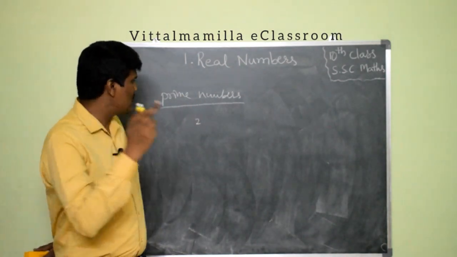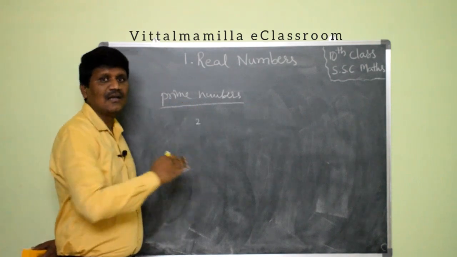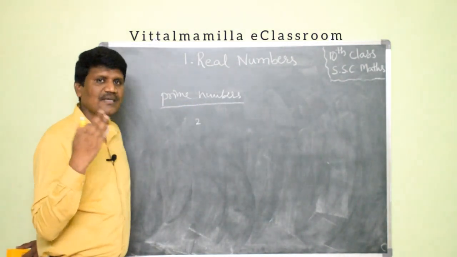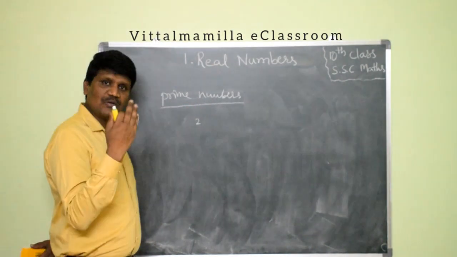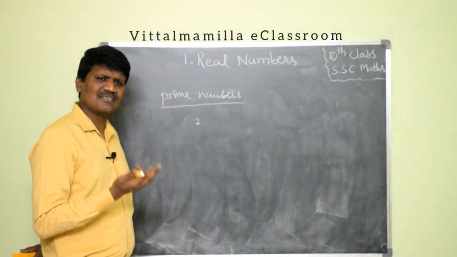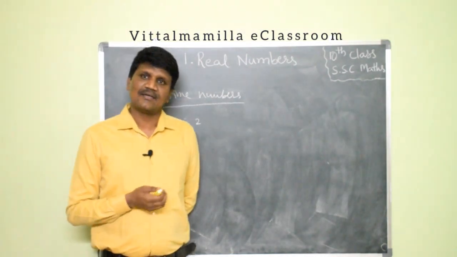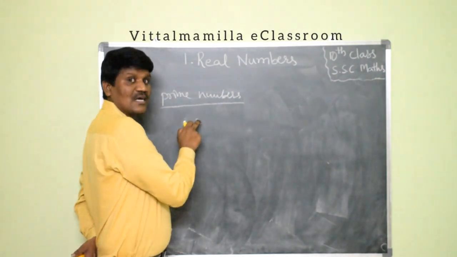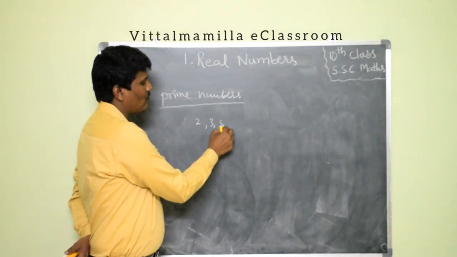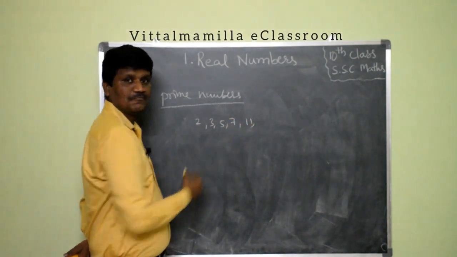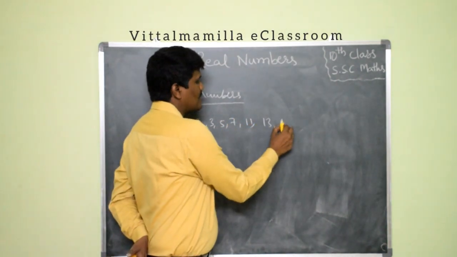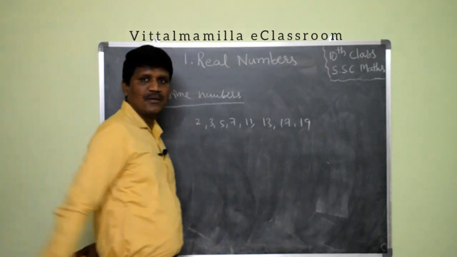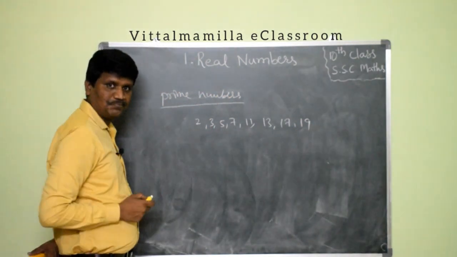Students, you should remember all the prime numbers till 100, because it is very important; we will use them in further chapters like sets and probability. The prime numbers start from 2, 3, 5, 7, 11, 13, 17, 19 till 20.